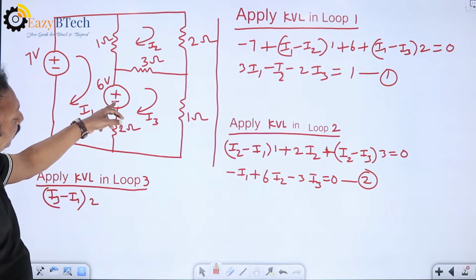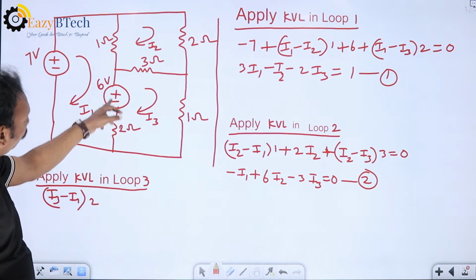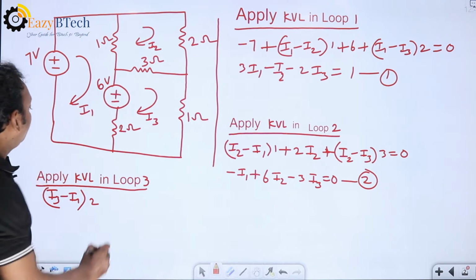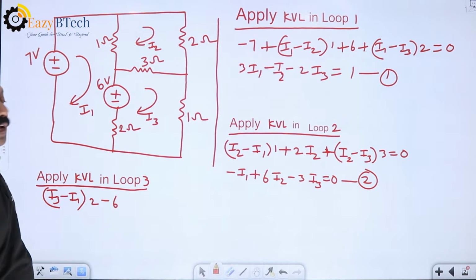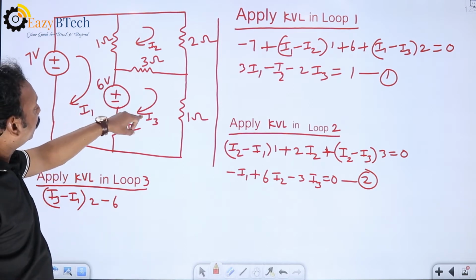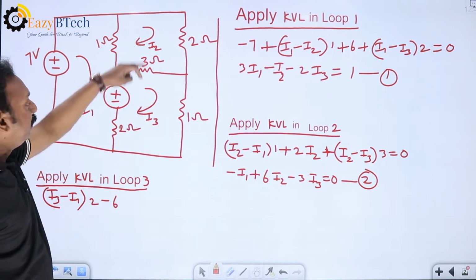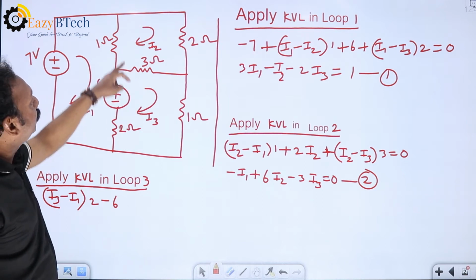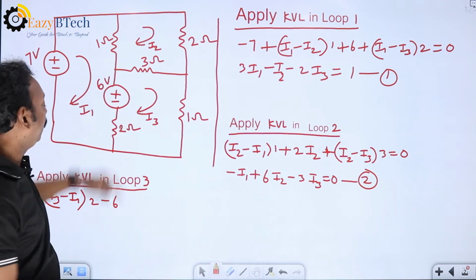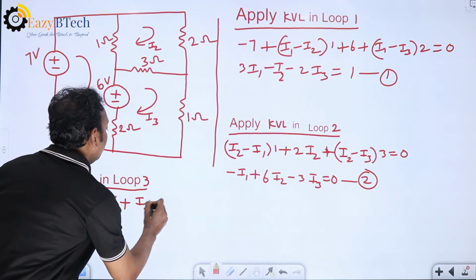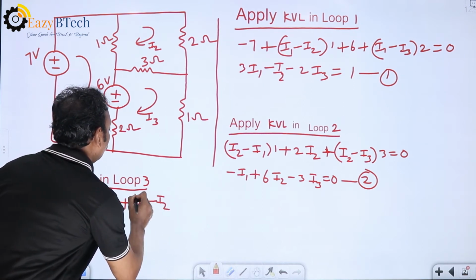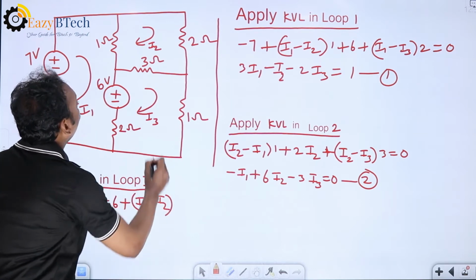Now, this is the voltage source, current going from negative to positive, so minus 6. And this 3 ohms is present between the third loop and second loop. I3 minus I2 is the current through 3 ohms, that is plus I3 minus I2 into 3.